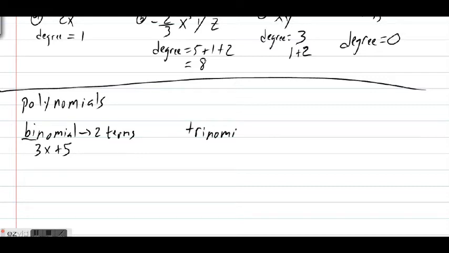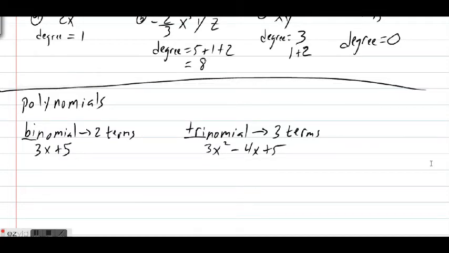And then we have a trinomial. Alright, think of tricycle. Tricycle has 3 tires. So a trinomial would have 3 terms. An example of a trinomial could be 3x squared minus 4x plus 5.